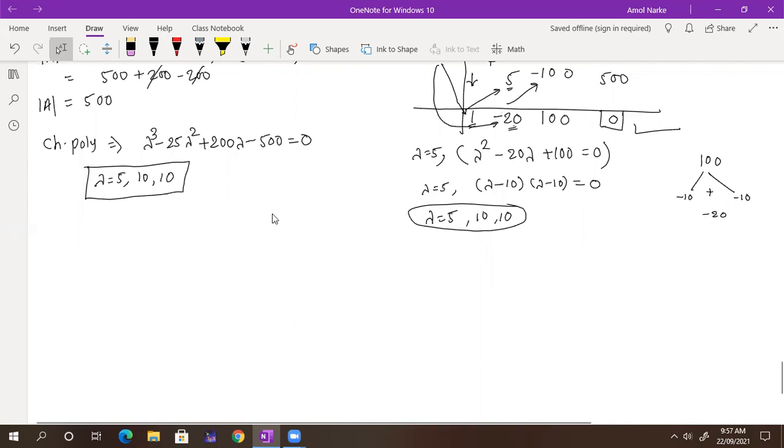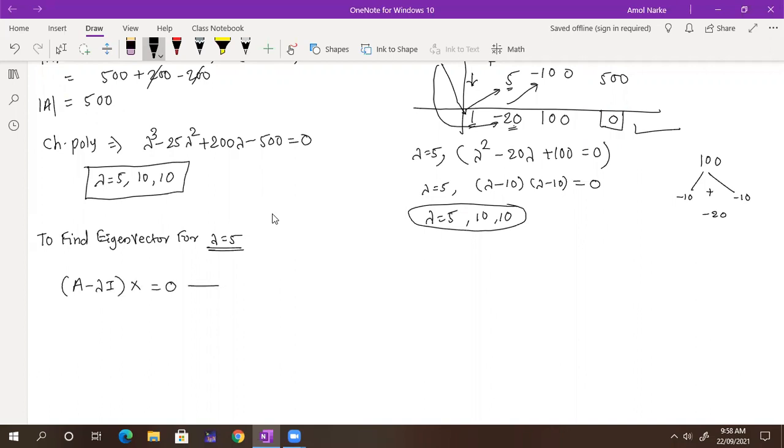So our next target is to find the eigenvector for lambda is equal to 5. That is my task. For that purpose, for finding the vector, (A minus lambda I) operated on vector X is equal to 0. This is my double star equation.